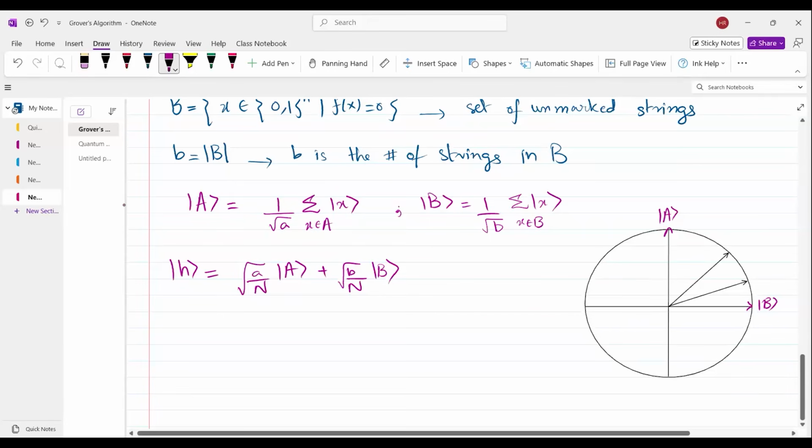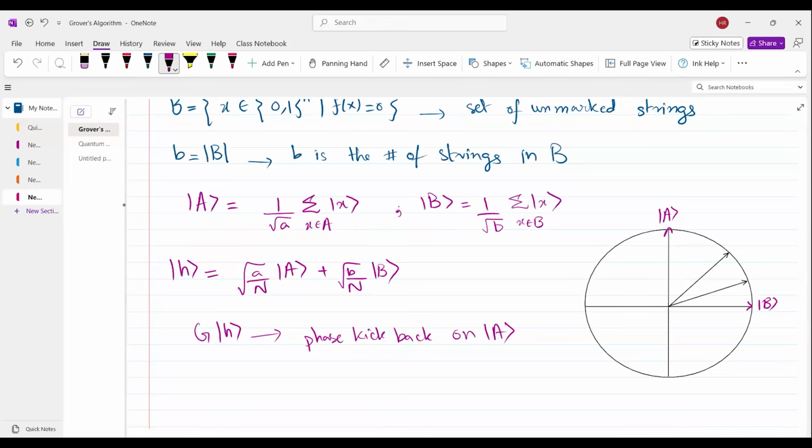And when we apply G over this state H, it induces a phase kickback effect on the marked states, on the state A, which are marked, right? The first Z of f will induce the phase kickback, and then we do the inversion about the mean.